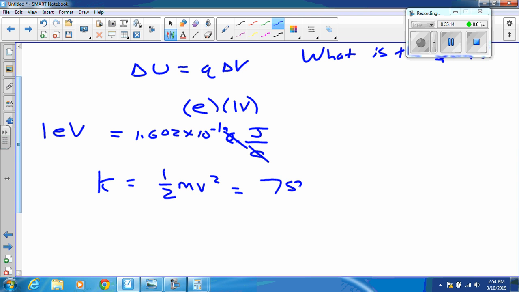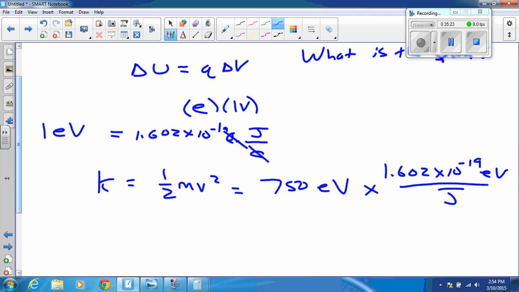And it's also equal to 750 electron volts, which I can convert to joules. And I can look up the mass of the electron. Anybody know off the top of the head? 9.11 times 10 to the minus 31st kilograms. Equals this. And now it's a simple matter to solve for v.